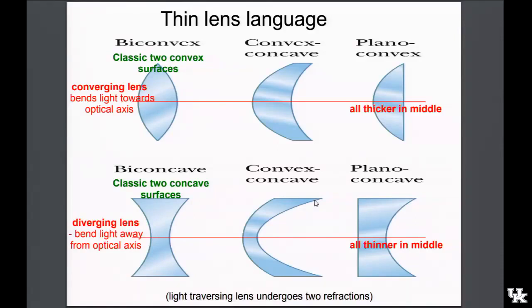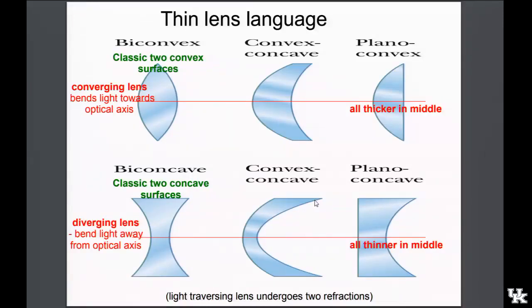But anyway, upstairs here, these are all converging lenses. These are sketches of converging lenses. And downstairs here, these are all diverging lenses. So when light passes through a converging lens, it gets bent towards the optical axis. That's what we mean by a converging lens.